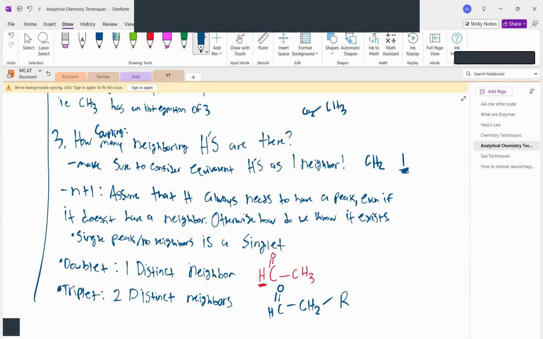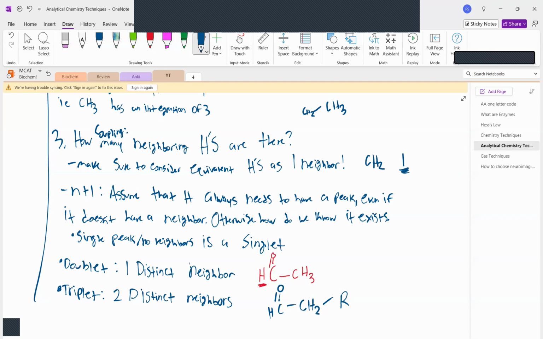We'll get into it further down, but why is it the n+1 rule? Assume that if you have a hydrogen, you always need to have a peak, even if it doesn't have a neighbor. Otherwise, how do you know it exists, right? If you have a single peak and no neighbors, it's a singlet. It's not just going to have a zero peak.